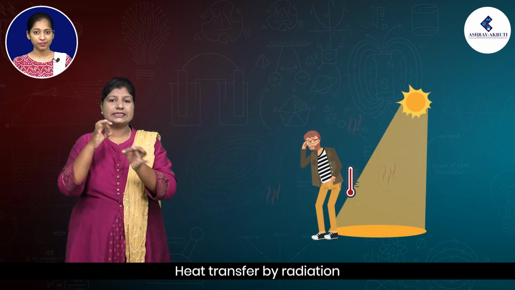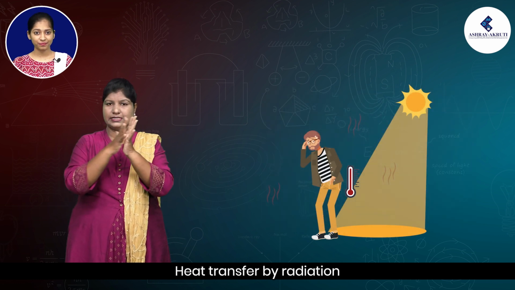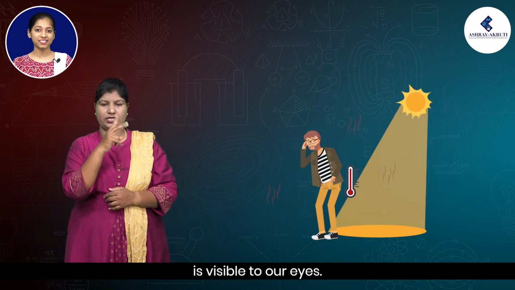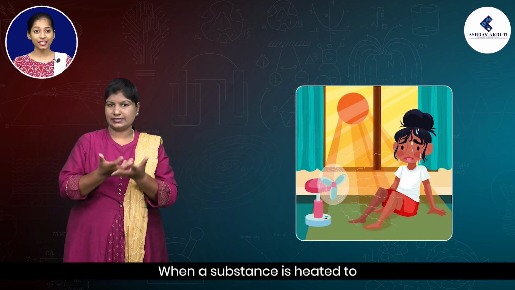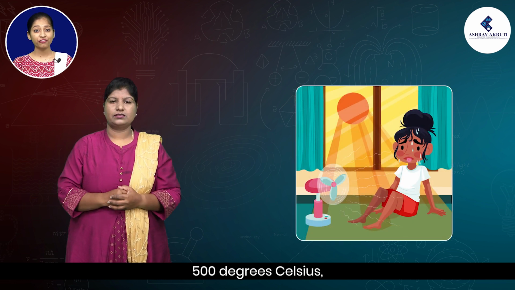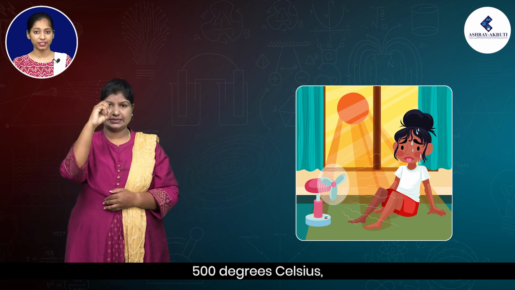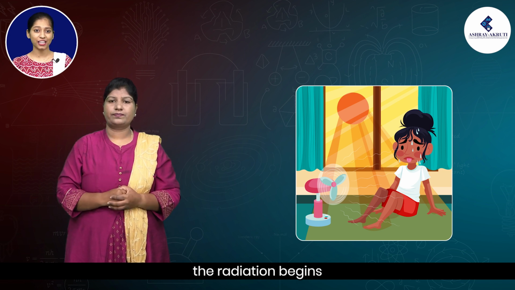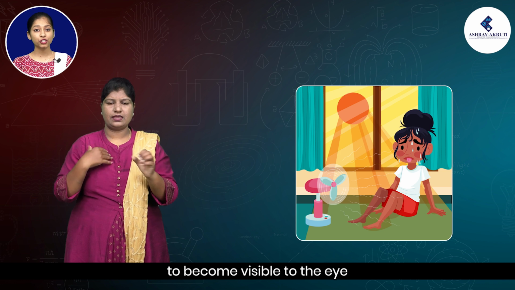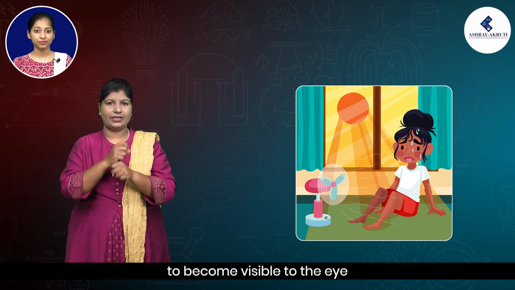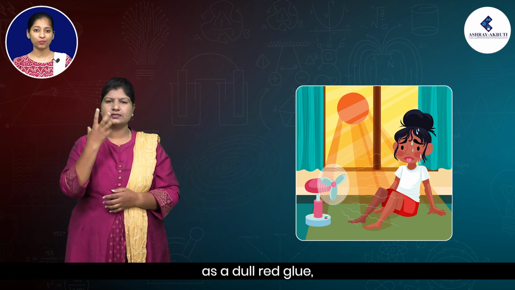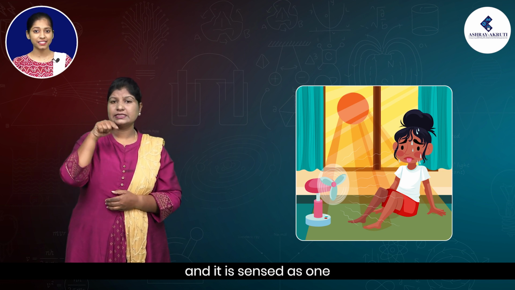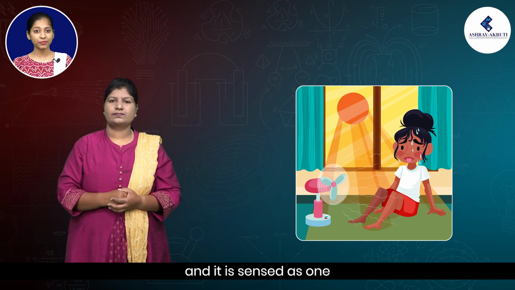Heat transfer by radiation is visible to our eyes. When a substance is heated to 500 degrees Celsius, the radiation begins to become visible to the eye as a dull red glow, and it is sensed as warmth by the skin.